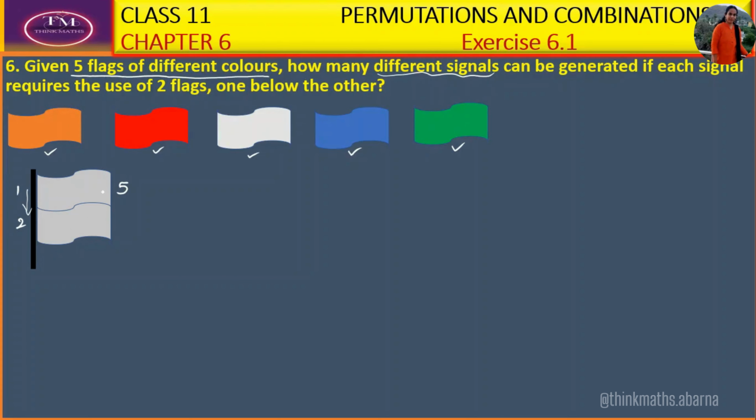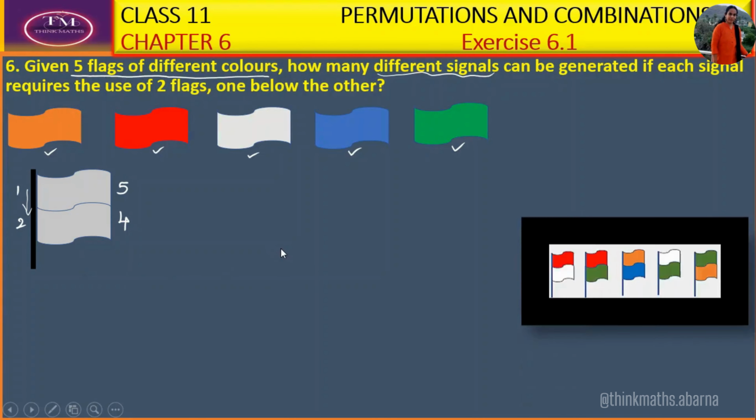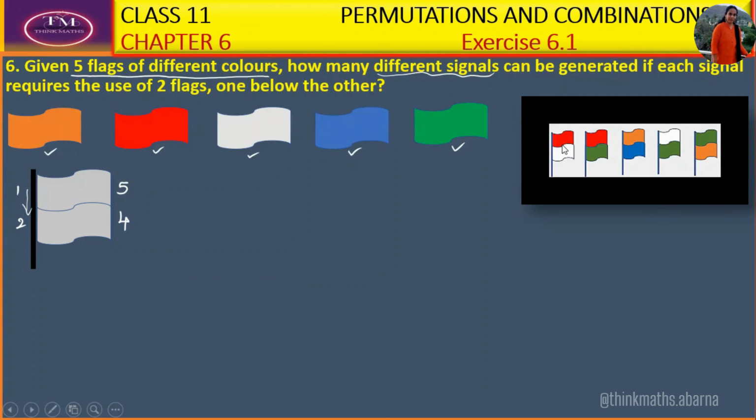So the color that is used in the top part should not be used in the bottom part. So one color gets reduced. So it is 4. So on top one color, bottom one color. This is one example. So you have more types of flags like this.